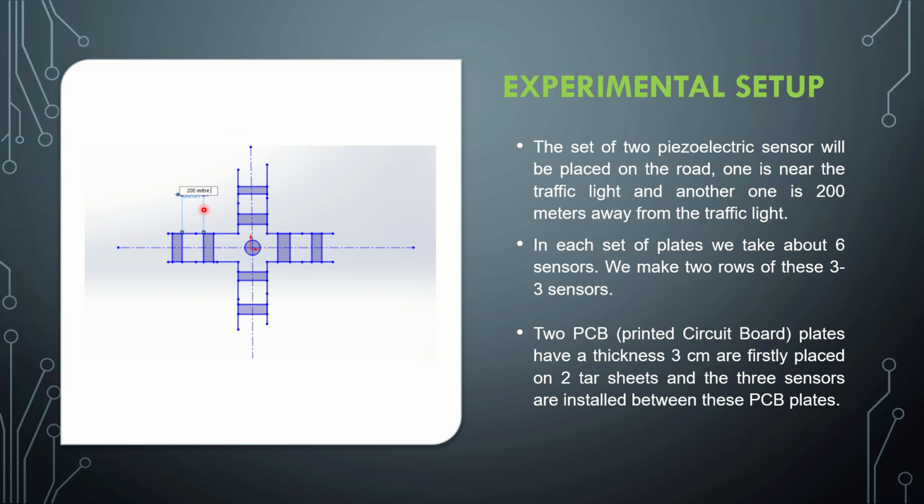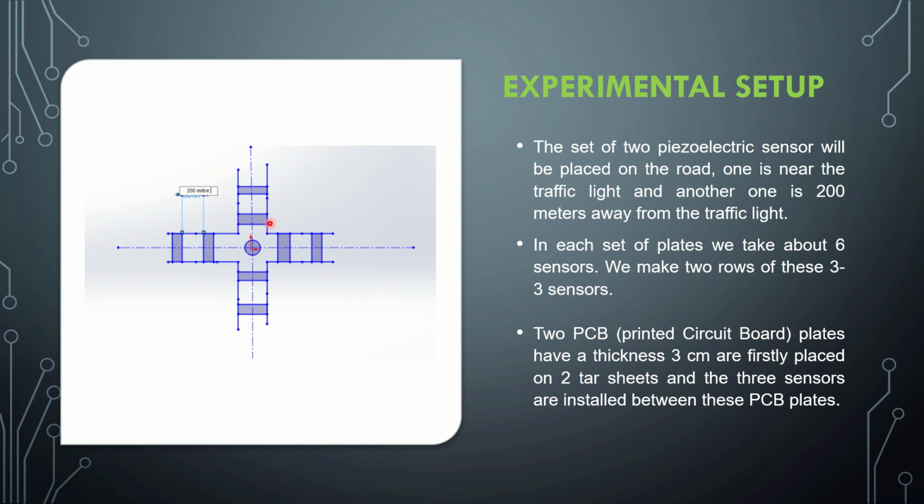So one is going to be near the traffic light, the other one is going to be 200 meters away from the traffic light. In each set of plates, we take about six sensors and we make two rows of these three sensors. So we are just using two rows, one for this road and one for the other road.